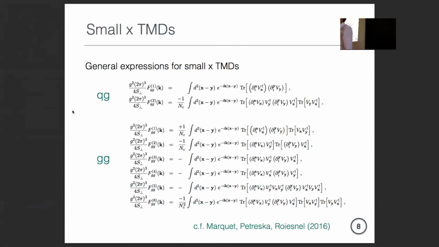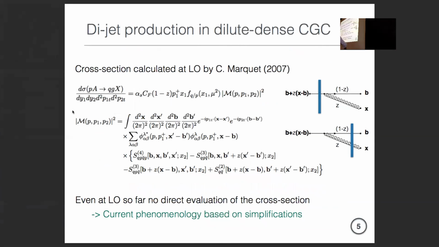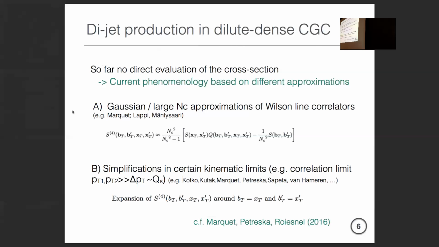You see this still has a rather complicated structure. But basically, instead of having your 6 Wilson lines at all the different coordinates, just some of the coordinates eventually coincide, because that's what you enforce by the kinematics. And that's what makes this a whole lot simpler.